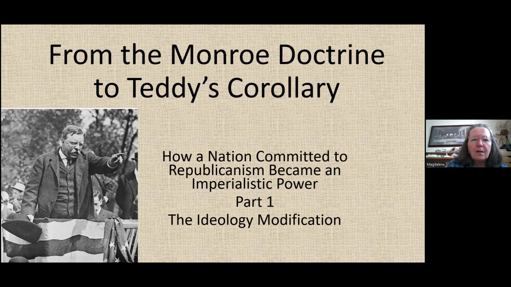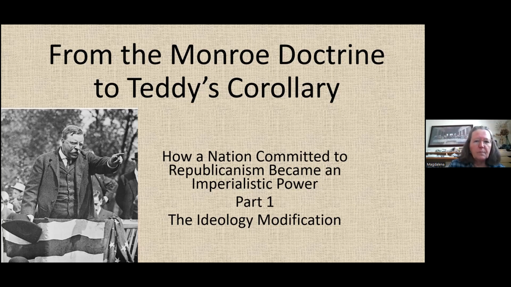This part is leading up to him becoming the Assistant Secretary of the Navy, and then the second part will go further. So, how from the Monroe Doctrine to Teddy's Corollary did a nation committed to republicanism, not the Republican Party, people, become an imperialistic power?